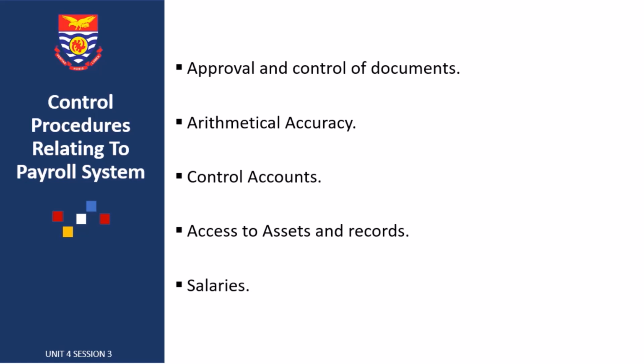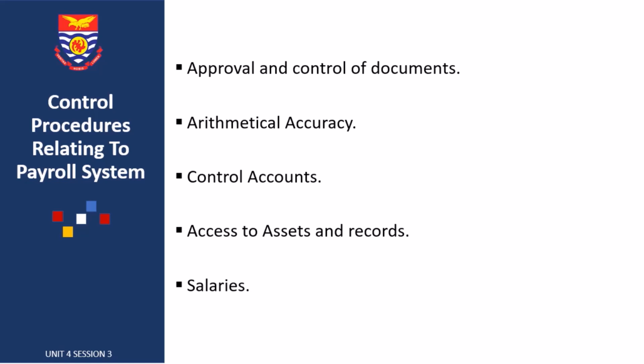If there is any overtime worked, this should be authorized by a responsible official in accordance with the entity's procedures. Then an independent official, preferably the CFO or the CEO or the HRD, should check the payroll and sign it. So these are some approval and control of documents that must be tackled.